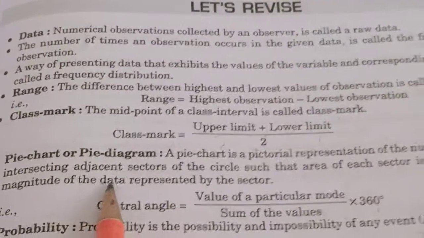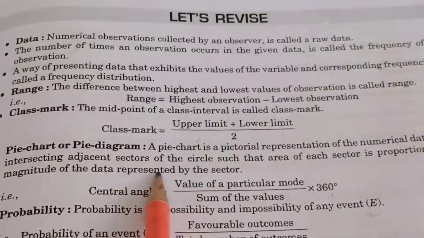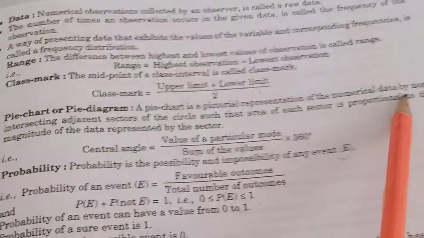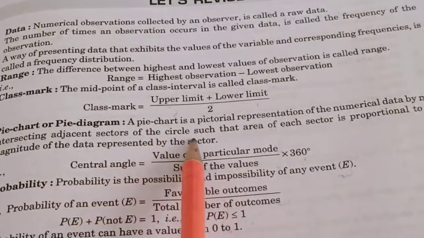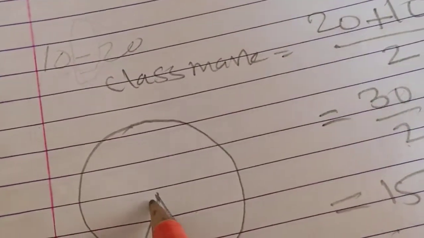What is a pie chart? Okay, you would know that in the 7th standard we saw that a pie chart is the pictorial representation of numerical data by non-intersecting adjacent sectors of a circle. Non-intersecting adjacent sectors. Suppose this is a circle, this is the center, and these are the sectors.